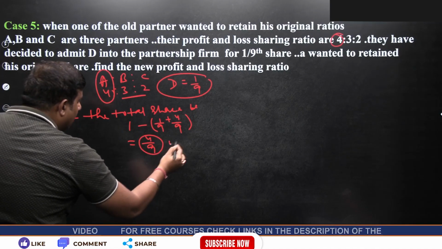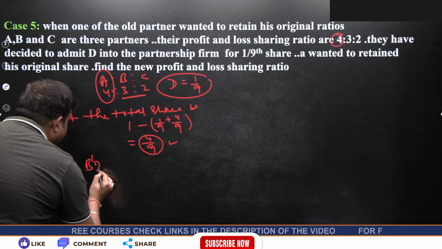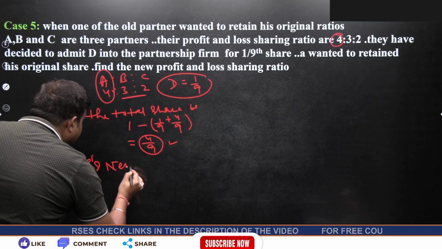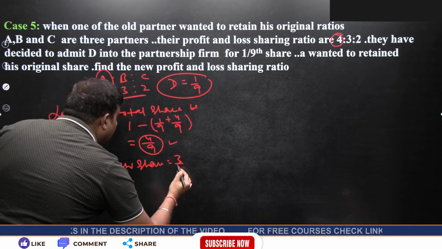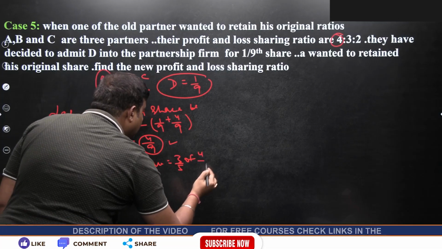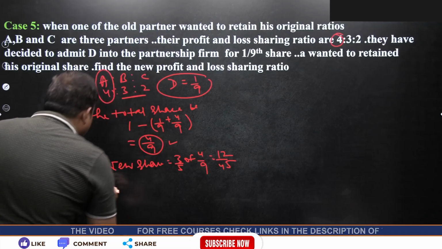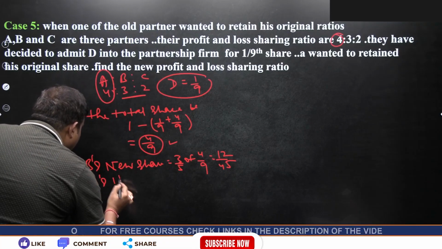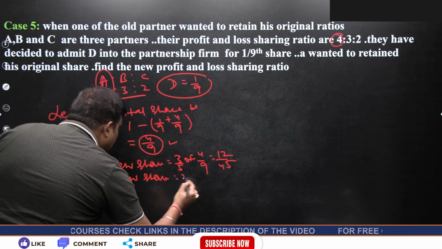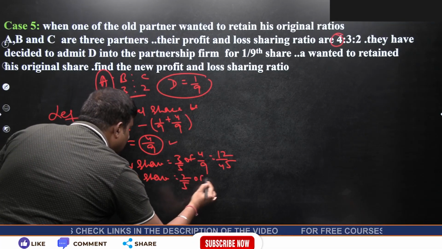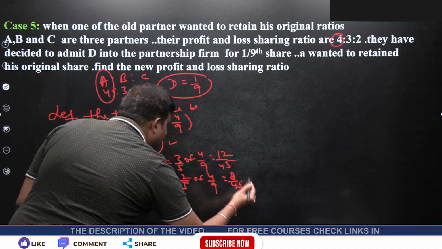Now this 4/9 belongs to B and C. So B's new share would be 3 by 5 of the remaining share 4 by 9. So that is 12 by 45. Now C's new share equals to 2 by 5 of 4 by 9 equals to 8 by 45.